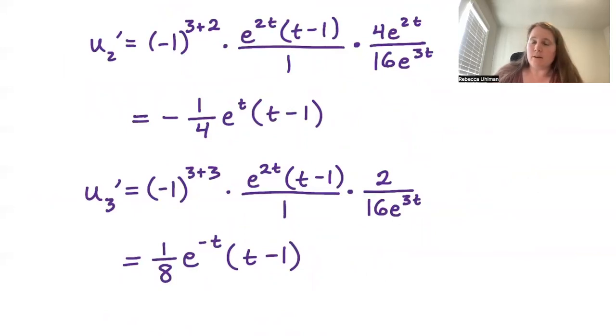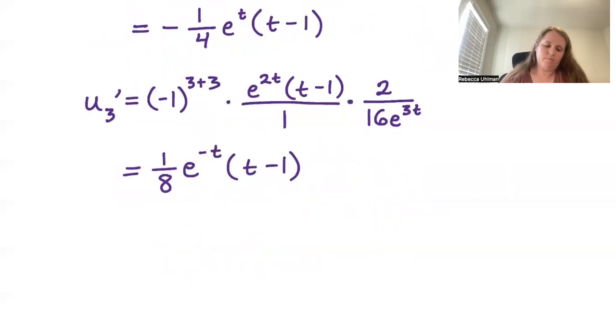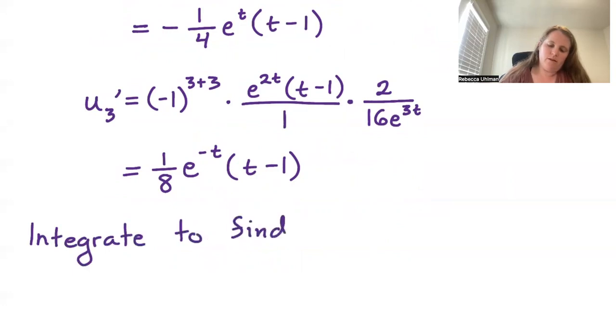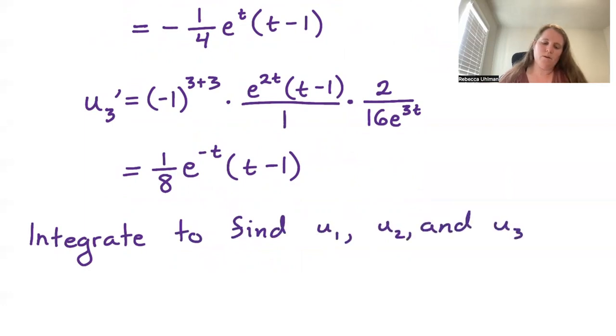So at this point, all that we're left with is we need to integrate to find u1, u2, and u3. Note that all of these have an e to the alpha t times t minus 1.